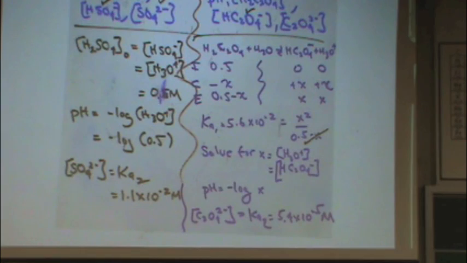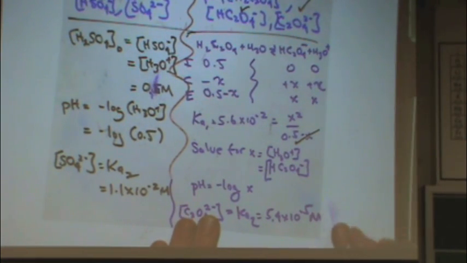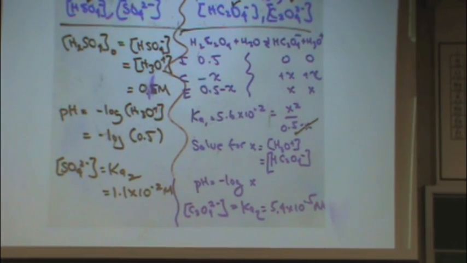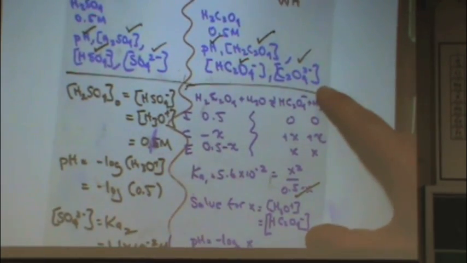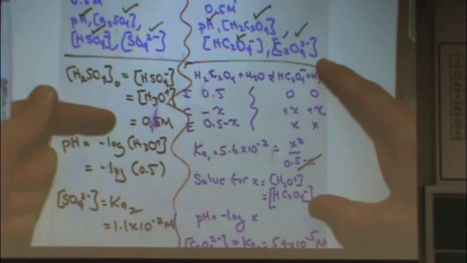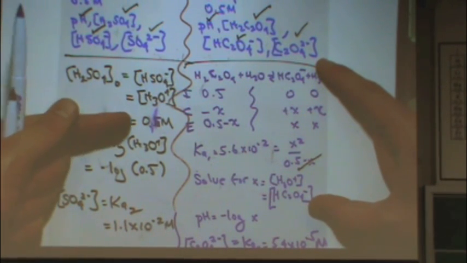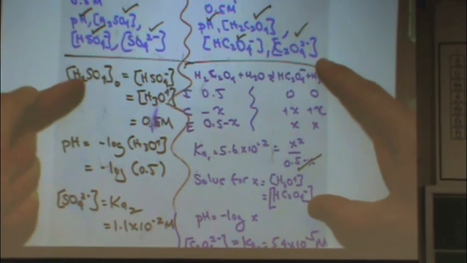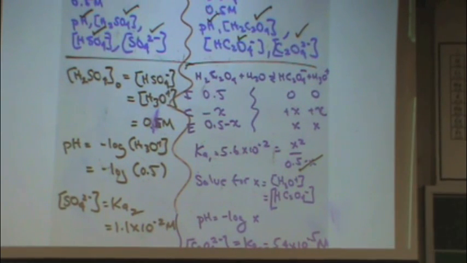So now I have my last concentration. Check. Is that okay? Make sure you see the difference between these two types of problems. One's a strong acid, the other's weak. So you solve them slightly differently. All this, where my fingers are, is just to determine the H3O plus concentration, which I knew immediately in the strong acid part of the problem on the left. Okay, once you have that, that problem should be okay.